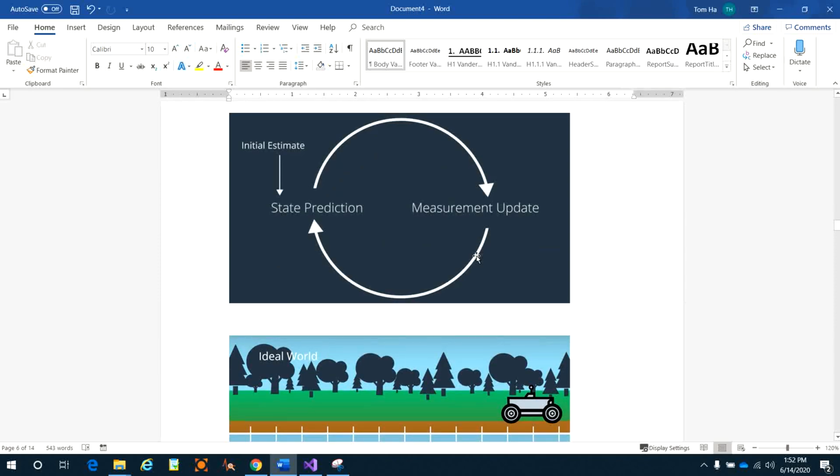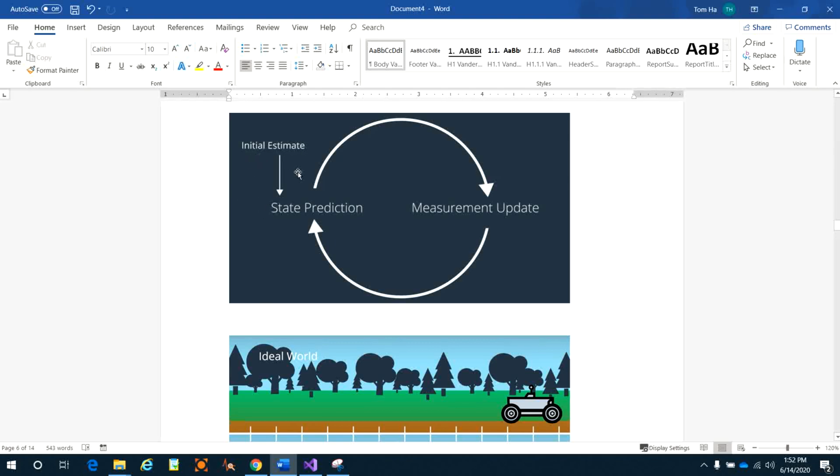So coming back to the Kalman filter. What is the Kalman filter? It includes two really important steps: the measurement update and the state prediction. Remember that in the Kalman filter, these two steps, measurement update and state prediction, loop, and where they start in this loop is the initial estimation.